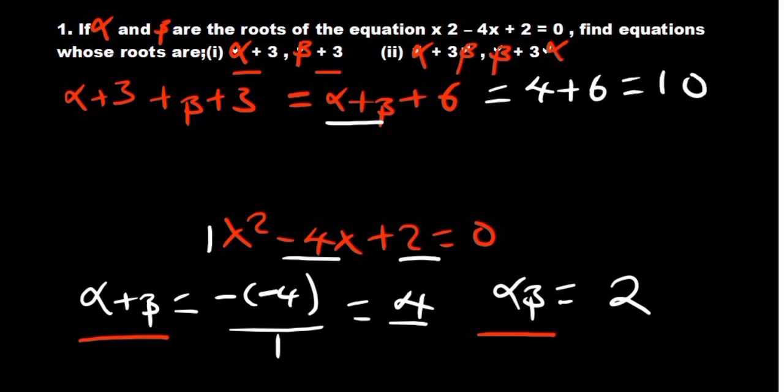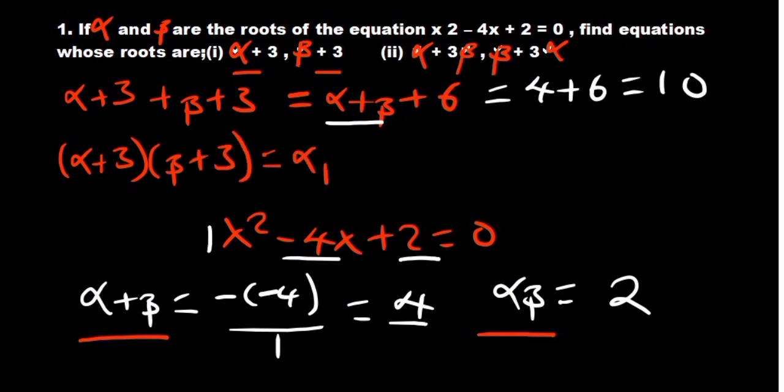So we've dealt with the summation. We can now deal with the product. Alpha plus 3 multiplied by beta plus 3 gives us alpha beta, then 3 alpha, then also 3 beta, and not forgetting plus 9. Before we plug in, we need to look at what we have. Is it possible to find alpha beta?